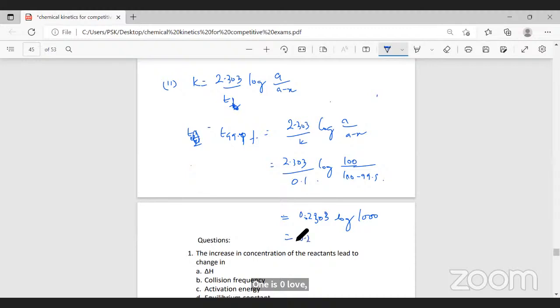So it will be 23.03 into 3. That will be equal to 69.09. So this will be the answer for this, and time will be in minutes.